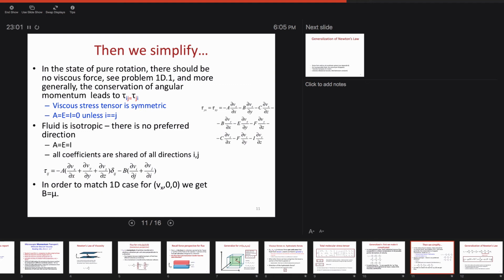So yes, directionality does happen sometimes, but here in general, bulk Newtonian fluid, we don't have it. So if there's no preferred direction, then there's no reason for these to be different. They have to be the same.